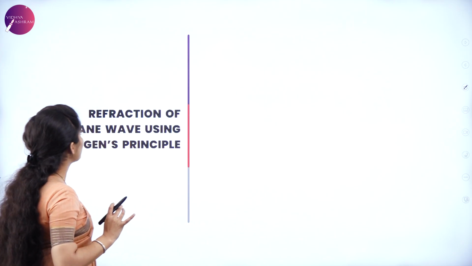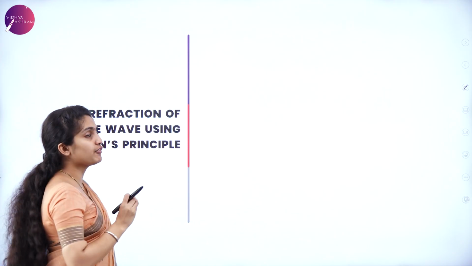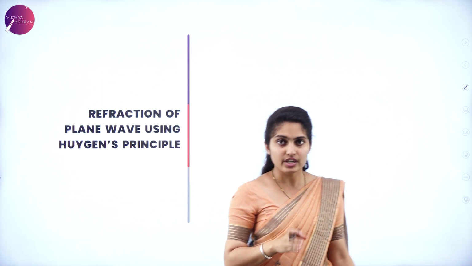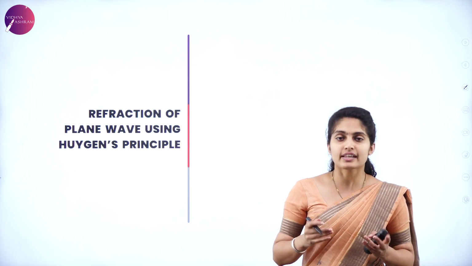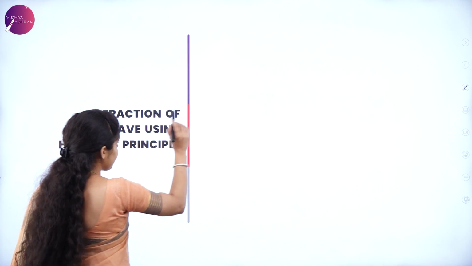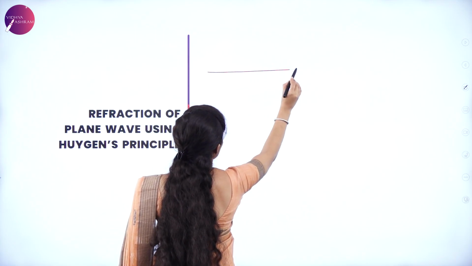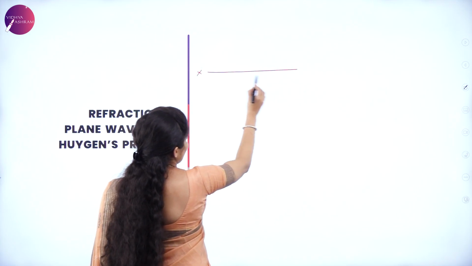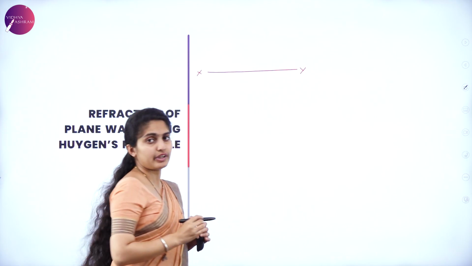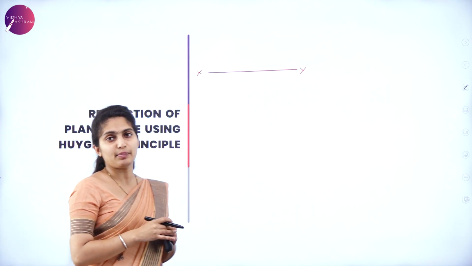Next, let us just move to refraction of a plane wave using Huygens principle. Same like reflection, we have got something with us, that is refraction, for which we will have to have a XY surface. It is called as intermediate surface.